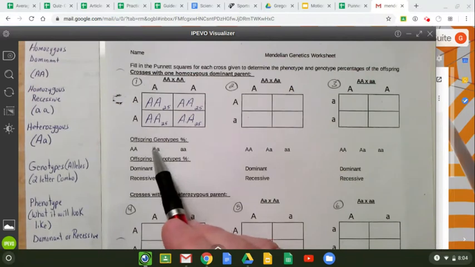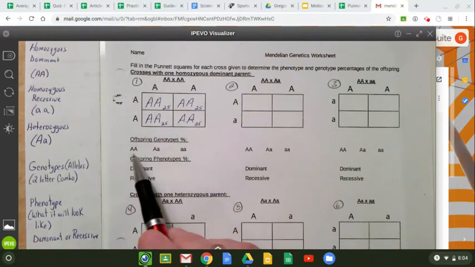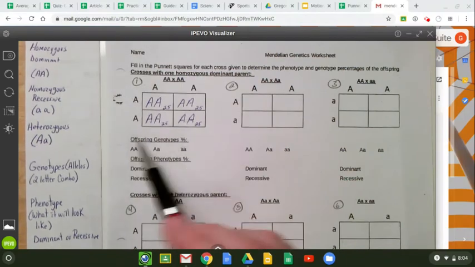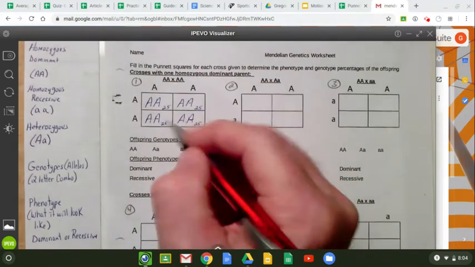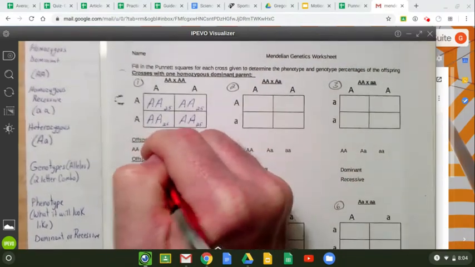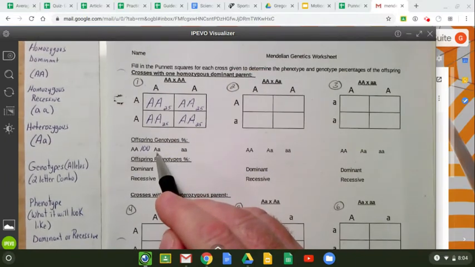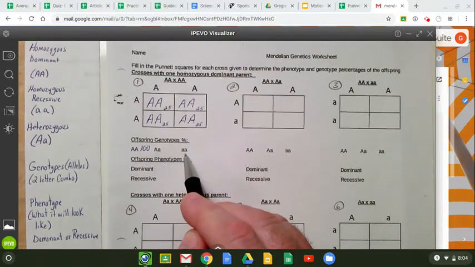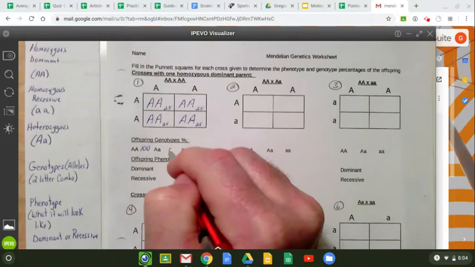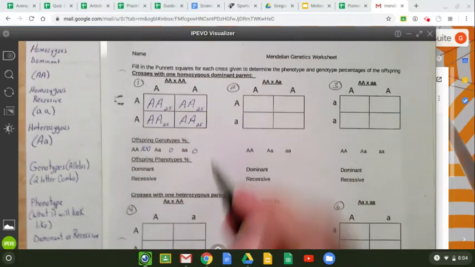So when we look at the genotype percentages, how many capital A's do we see? We see 4. That makes up 100%. Heterozygous and homozygous recessive, none represented here. So 0%.